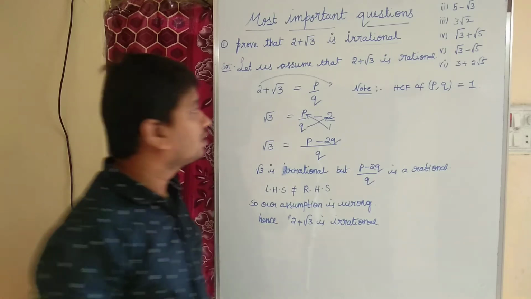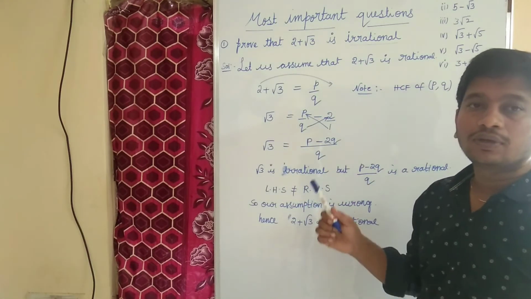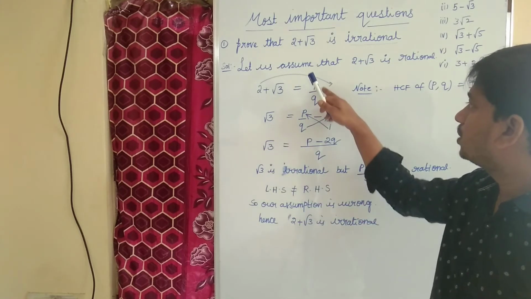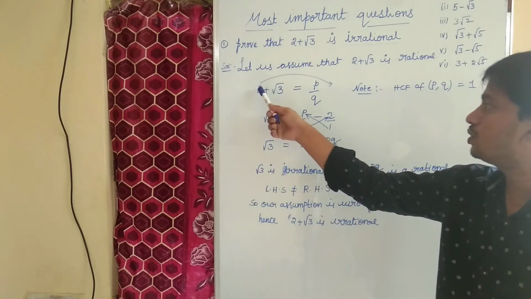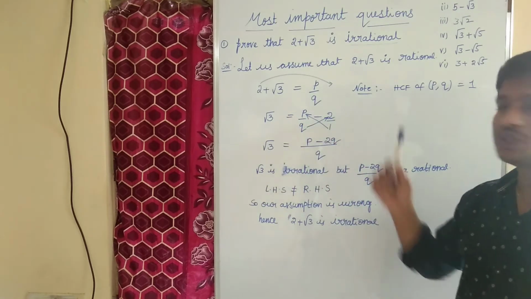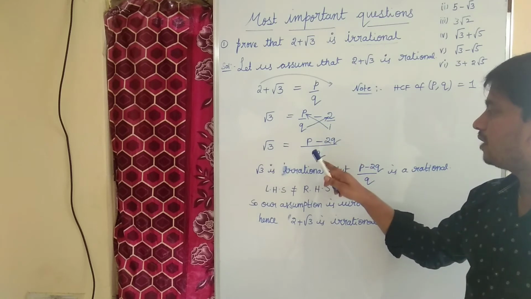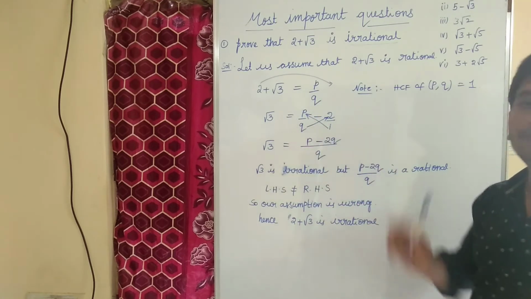Children, given 2 plus root 3, let us assume that it is a rational number, in the form of p by q. What did we do now? We transposed 2 towards the right hand side, so root 3 equals p by q minus 2. Nothing means 1, LCM of q and 1 is q. 1p minus 2q.